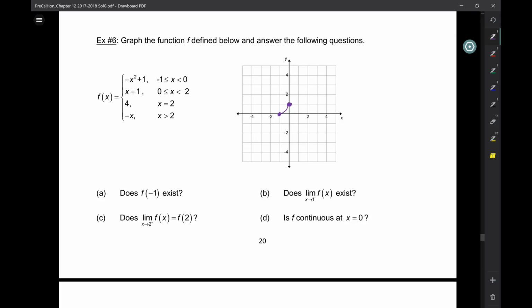And then at 2, it's 3, that's open. At x equals 2, it's 4. You see that? It's just a point at x equals 2. And then at x greater than 2, it's negative x, so it goes down like that.